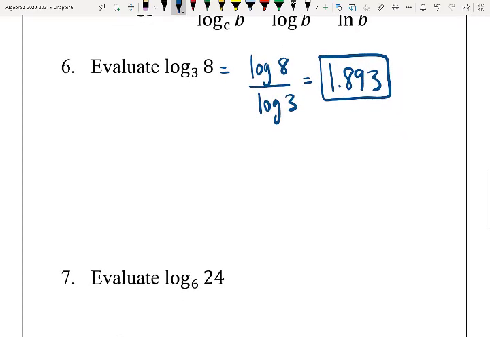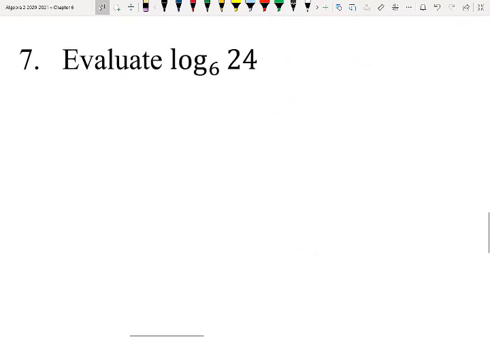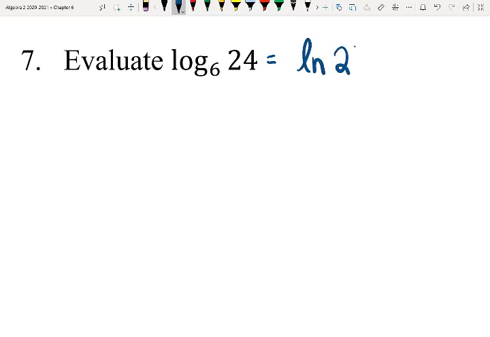It doesn't matter which one you use. Here in that one I used just my common log. You could do the exact same thing with our natural log. It's just whatever is easier for you in your calculator in terms of your buttons. If I'm trying to evaluate log base 6 of 24, I could also just do, all right, well, let's just say natural log of 24 over my natural log of 6.